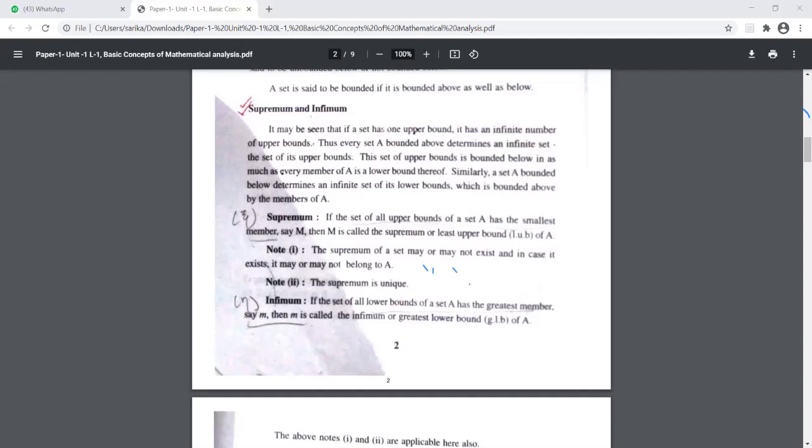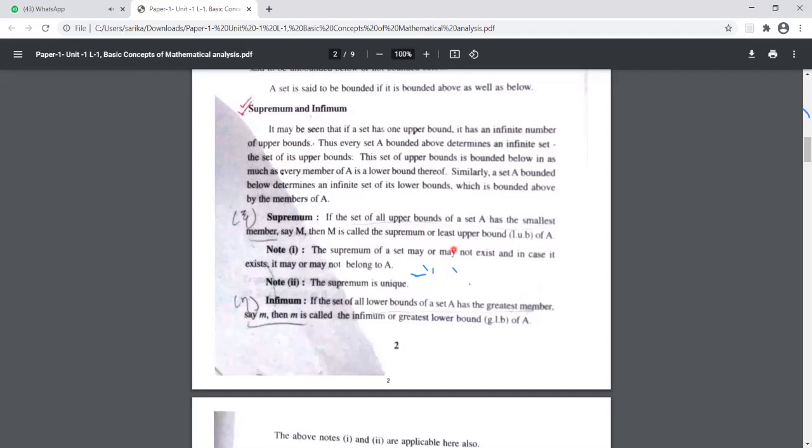If the set of all upper bounds has a smallest member, it will come here. This smallest member is known as the supremum, or least upper bound. The name is supremum, but it is the least upper bound.